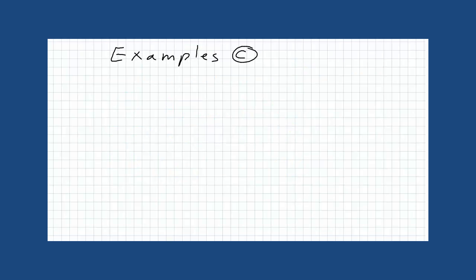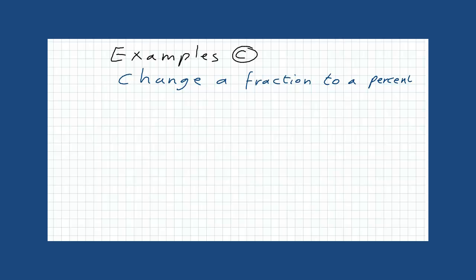Now look at this group of examples. Here we want to change a fraction to a percent. Example 1, 3 over 5. This is a fraction which we want to change to a percent. Some fractions are easy to change to a percent with no effort. Notice that a percent is a fraction with a denominator equal to 100.